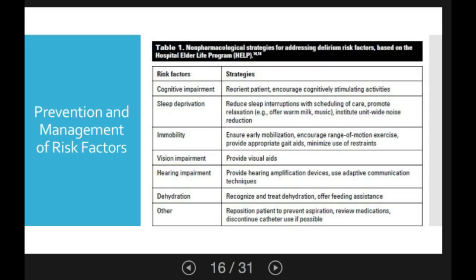It's also just important to provide visual aids and to accommodate for patients with hearing impairments. We want them to be oriented in their environment, and this will really help prevent them from developing the syndrome.